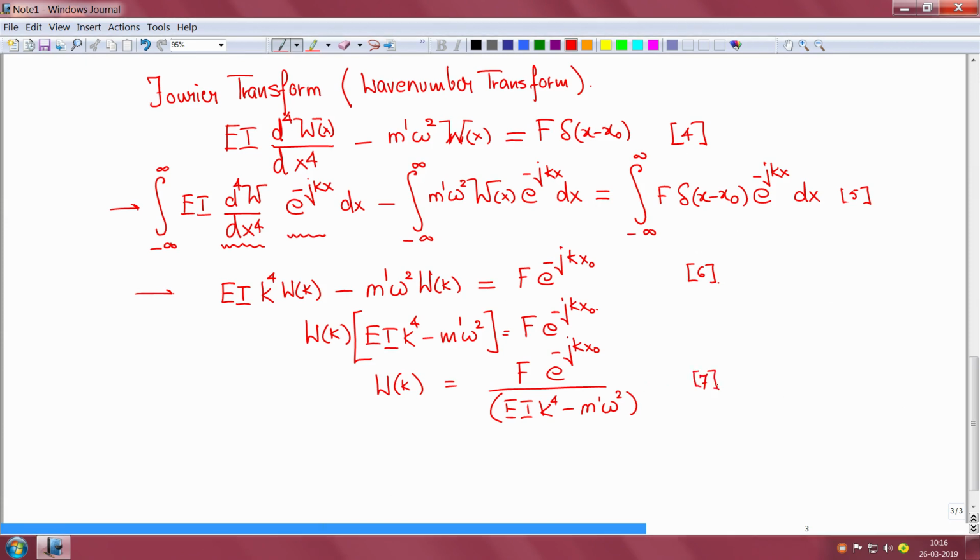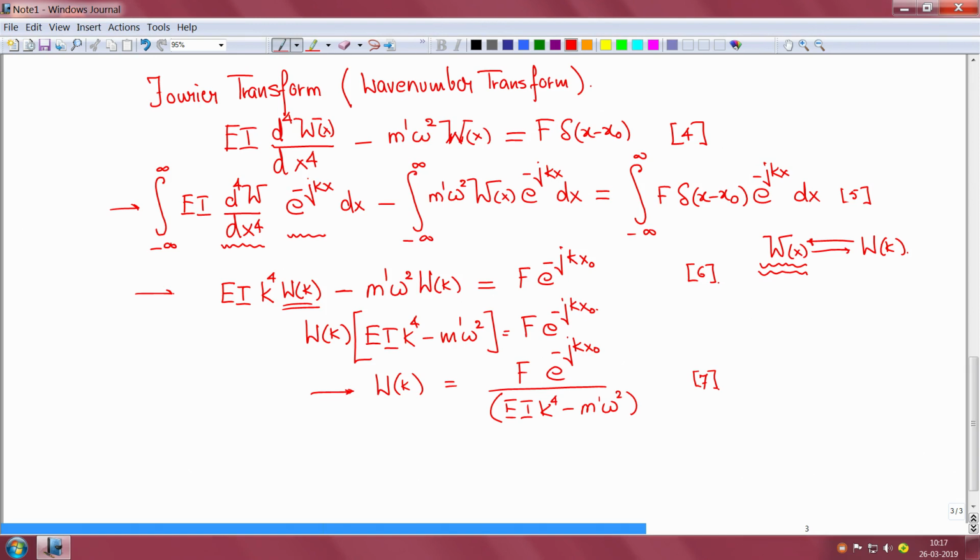Now W of k here is the Fourier transform or wave number transform of w of x. W of x has been transformed to W of k. And you can go back also using an inverse Fourier transform, and w of x is what we want, because our answer is w of x times e to the power j omega t, and therefore we have to go back, take an inverse Fourier transform.